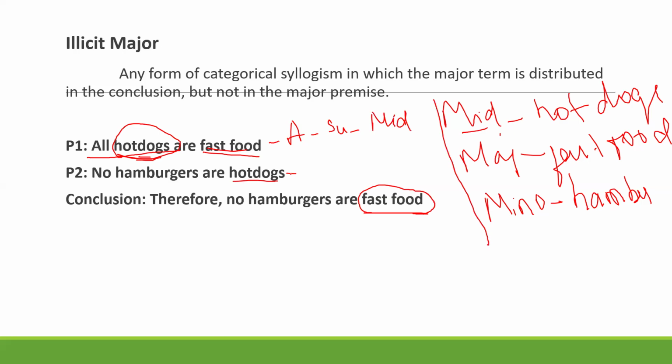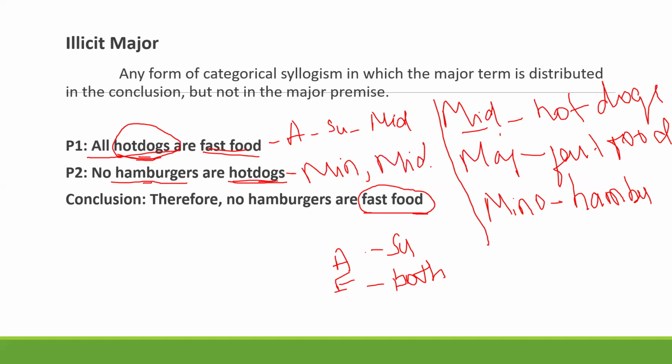Now the second one: no hamburgers are hot dogs. No means E type, and E means both subject and predicate are distributed. Hamburgers is the subject, the minor term, and hot dogs is the predicate, the middle term.